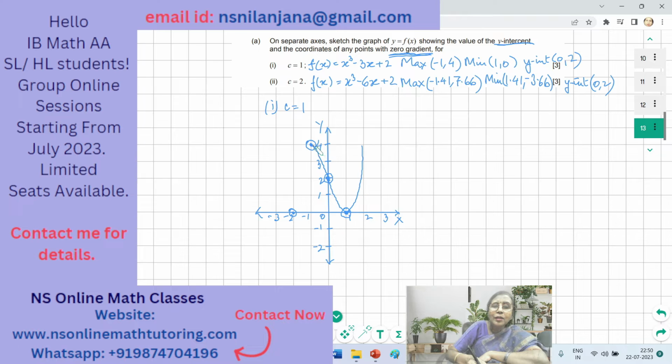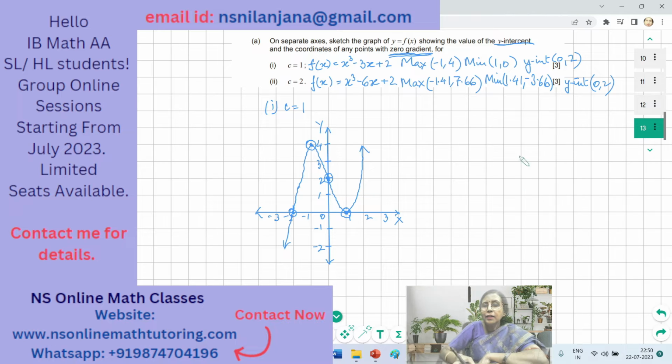We are just copying that shape. Okay. So this is the graph for C equal to 1.